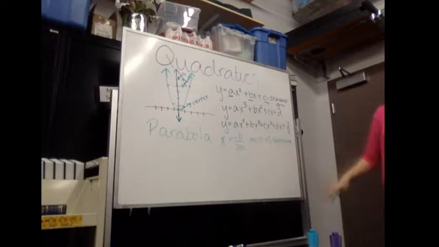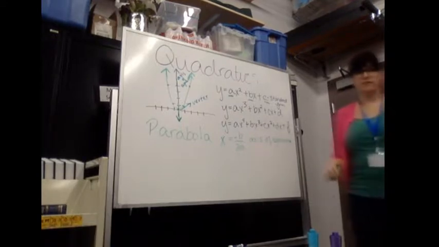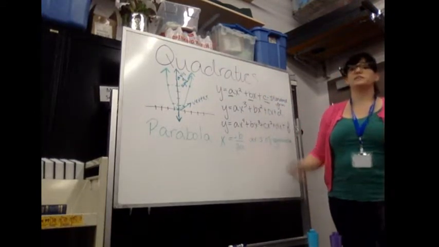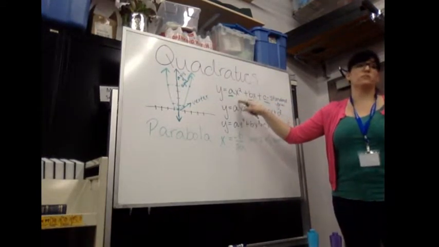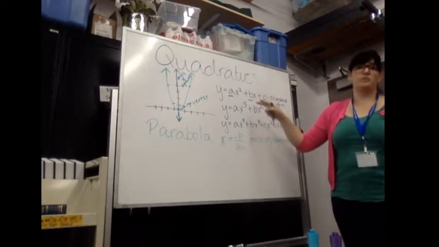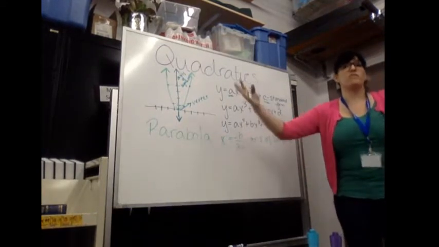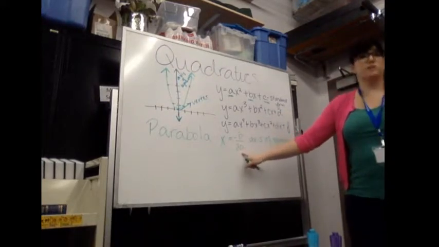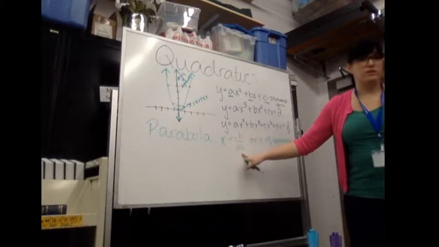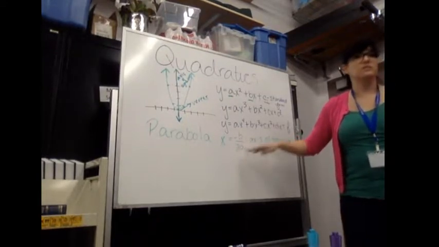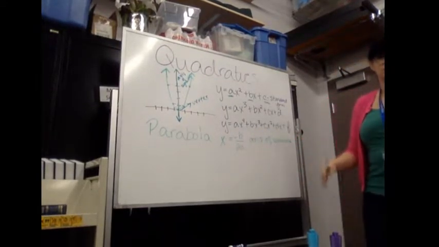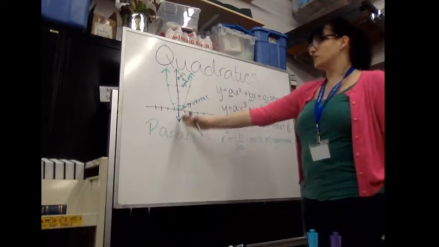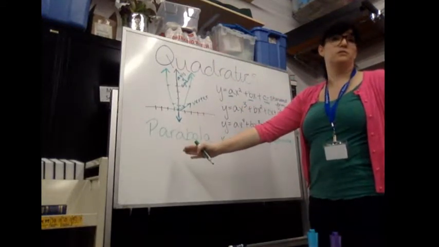Now, remember that equations tell us how x and y compare to each other at any given point. So every y is exactly: take the x there, square it, multiply times a, multiply x times b, add them together, and then increase it by c, and that will give you your y value there. So if we use this as our x value, that gives us the y value at the axis of symmetry. So that gives us the vertex, because the vertex is the point where the axis of symmetry crosses the parabola.